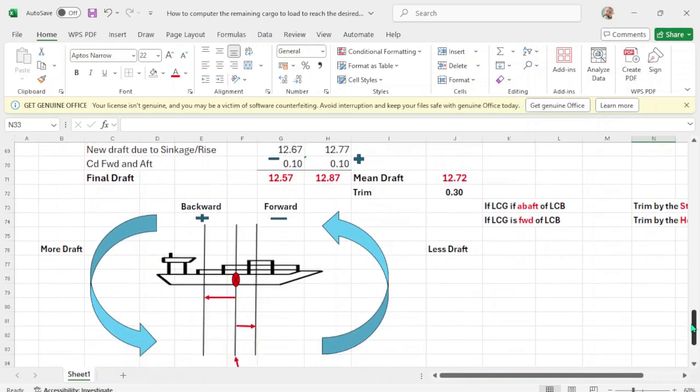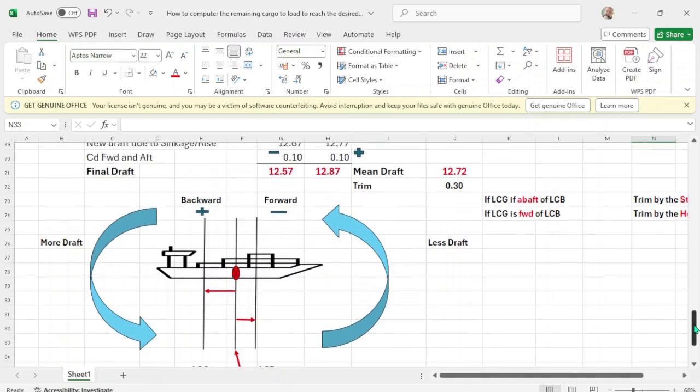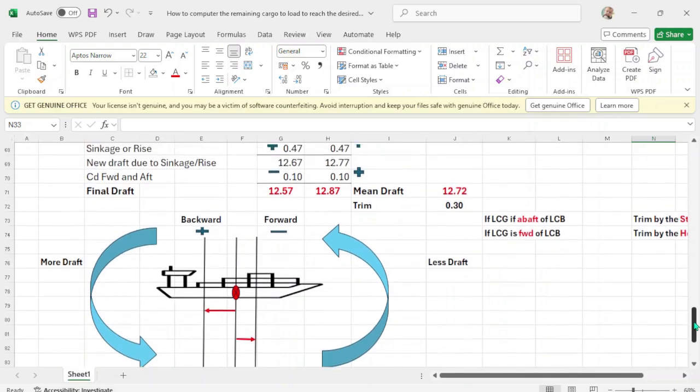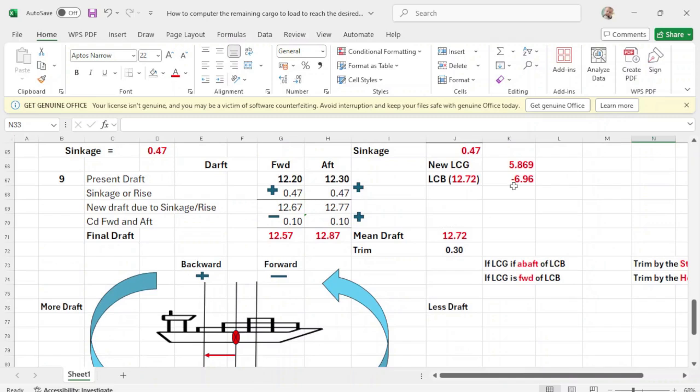Then take note of this figure, guys. This is your amidship. The sign forward of your amidship is negative, the sign backward of your amidship is positive. That is the rule. Now your LCG is positive 5.869.